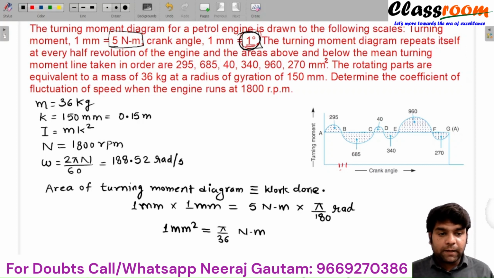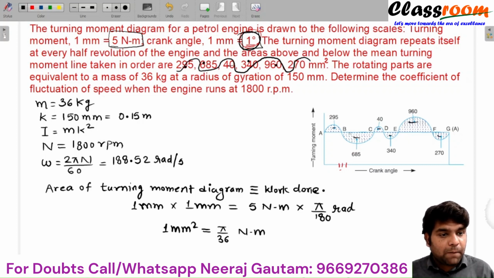Now here in the problem, it is given that these areas are above and below, above and below, above and below, above. So this is above, 685 is below, 40 is above, 340 is below, 960 is above, and 270 is below. So these are the areas.